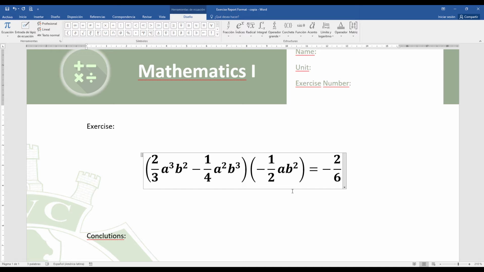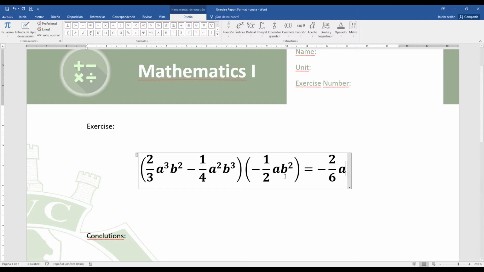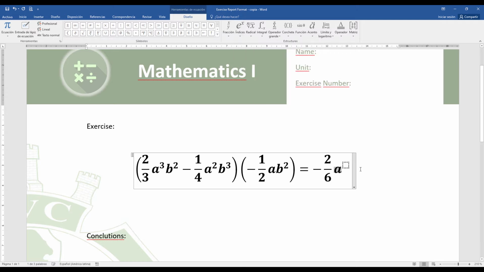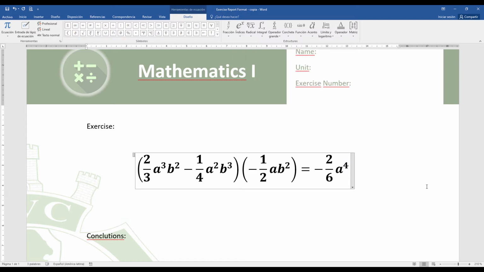Again, the variables here, remember, you need to multiply the same variables with the same literal. So a cubed times a is equal to a raised to the 4th power.